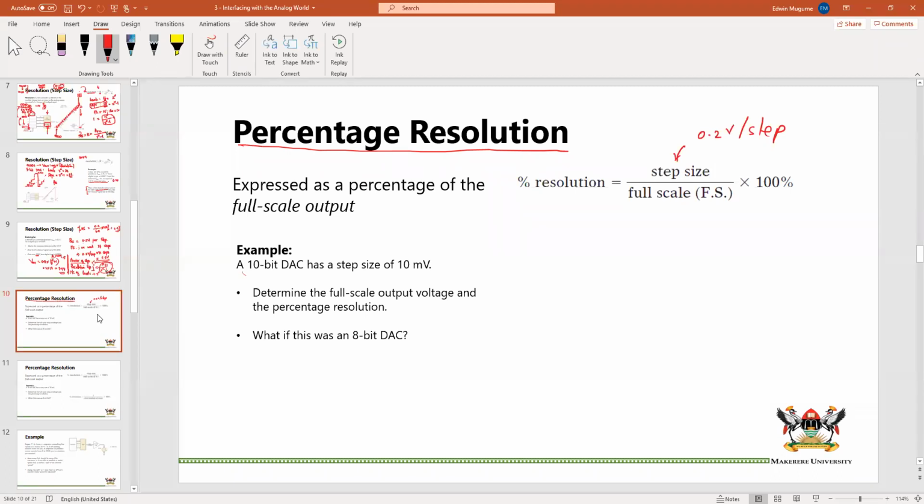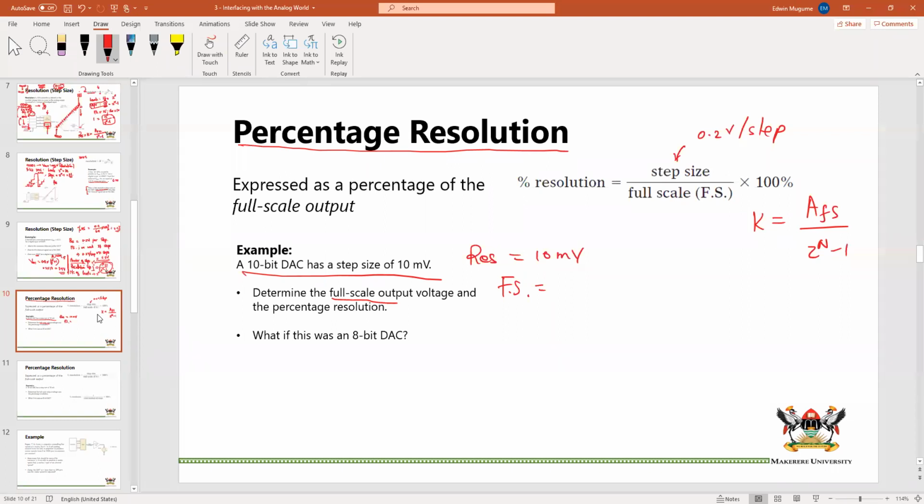Now, let us look at another example. We have a 10-bit DAC with a step size of 10 millivolts. That means our resolution is 10 millivolts. Determine the full scale. You remember we had an interesting equation: K is equal to A full scale over 2 to the power n minus 1.